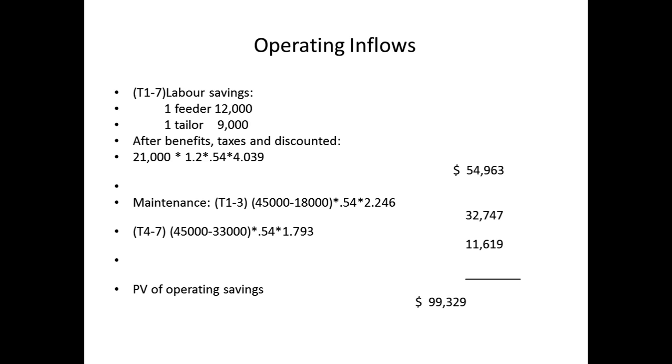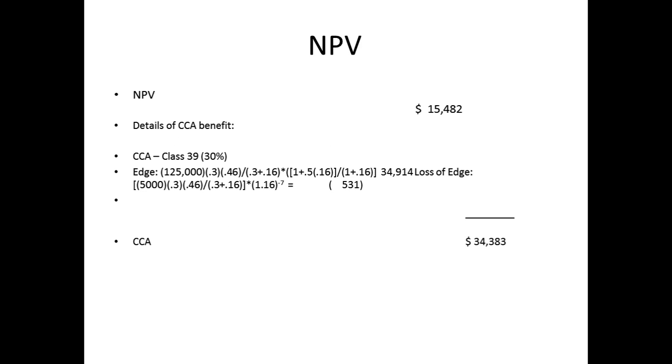So we have different annuity factors, and the present value in total of the operating savings is about $99,000. So $99,329. Now the net present value, looking at the capital outflows and the operating inflows, is $15,482.